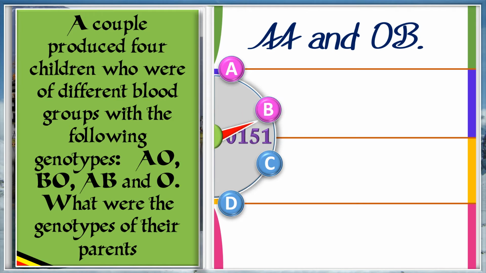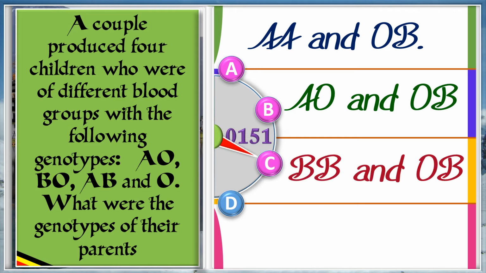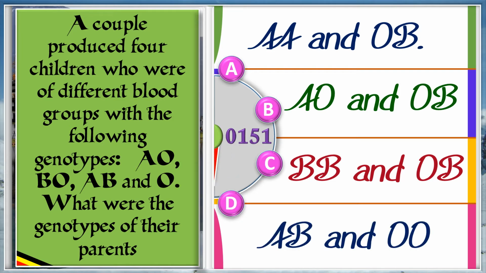B. AO and OB. C. BB and OB. D. AB and OO. And the answer is AO and OB.